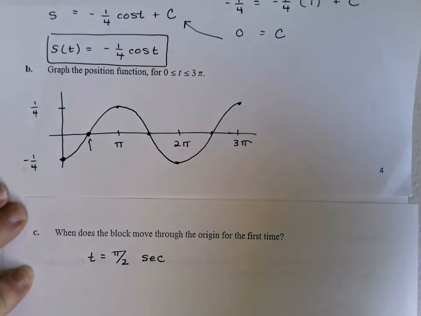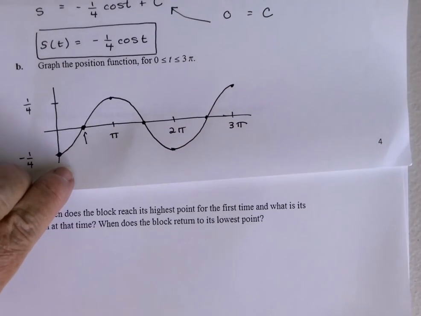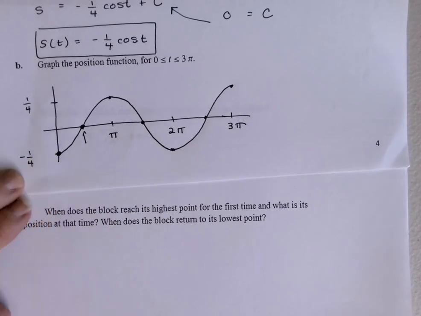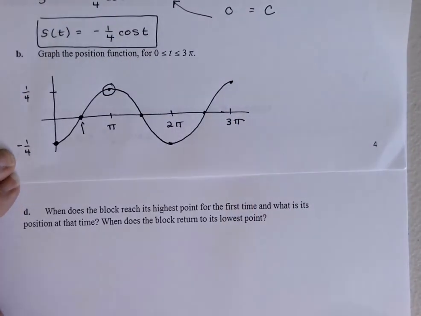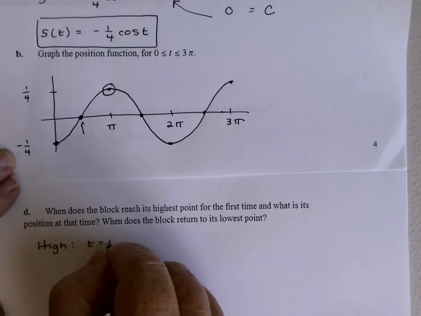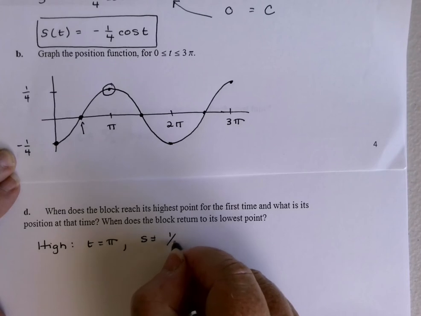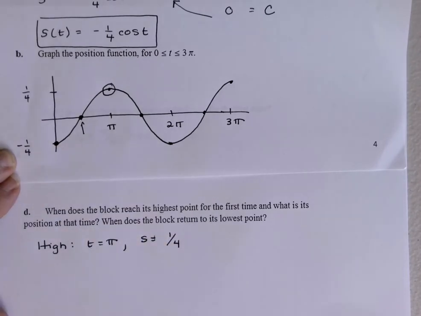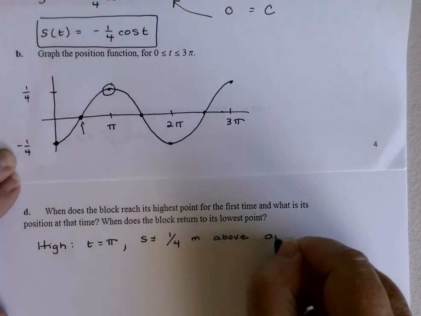And then the next question, when does the block reach the highest point for the first time, and then also return to its lowest point? So highest point for the first time would be right there at t = pi. The position would be +1/4 of a meter, whatever the distance, meters above equilibrium or above the origin.